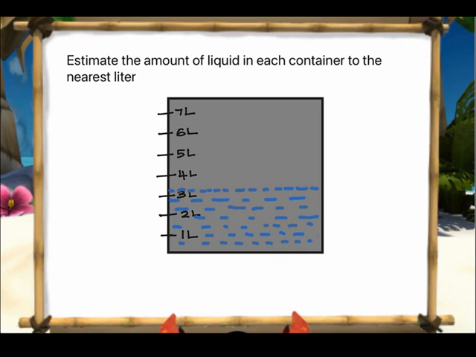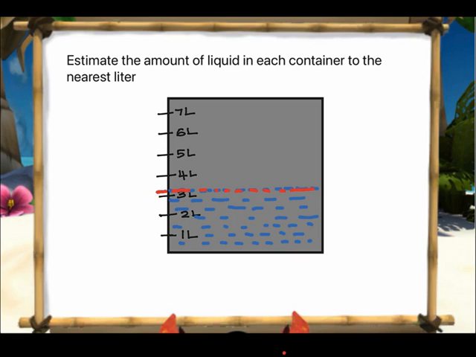Okay. So if you look at this picture that contains water between 3 liters and 4 liters, since the level is here, that's the top level of the liquid, which is less than halfway to the next liter, which is 4 liters, we can estimate that there are about 3 liters of water.